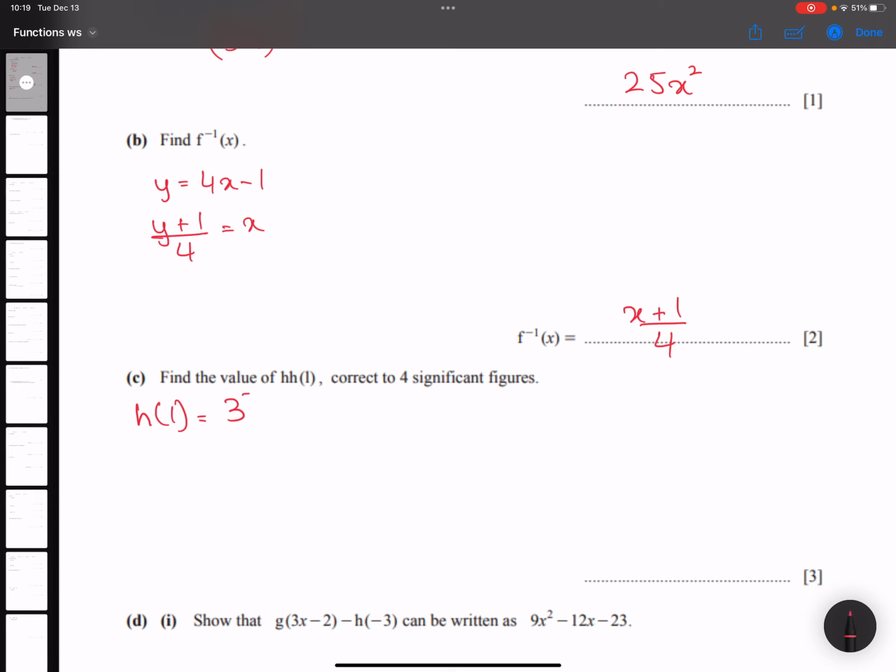So h of 1 is 3 to the power of negative 1, which is 1 over 9. Then h of 1 over 9 is 3 to the power of negative 1 over 9. To 4 significant figures, let me use my calculator: 3 to the power of negative 1 over 9 is 0.8851.